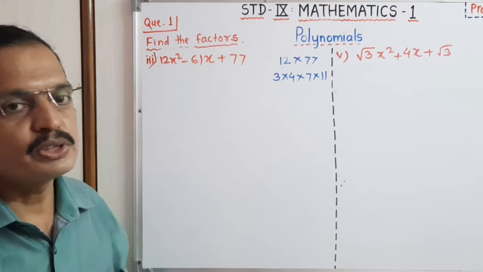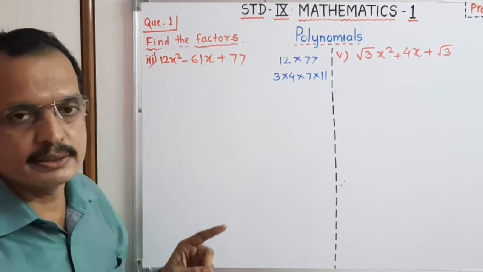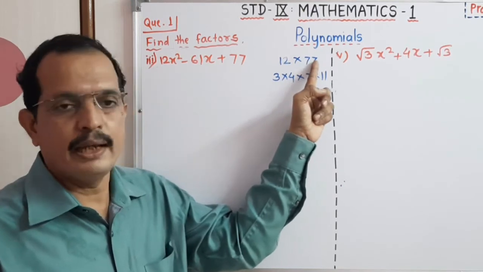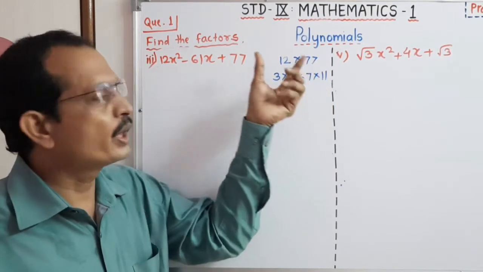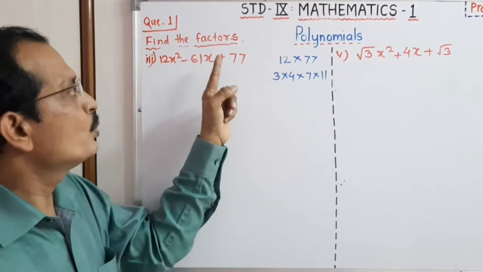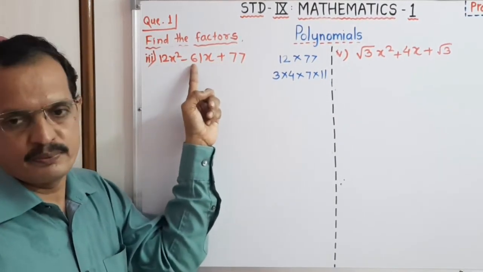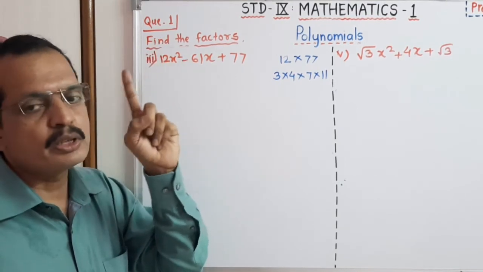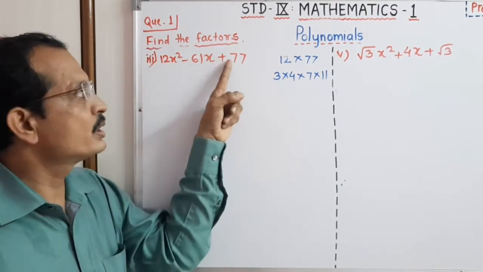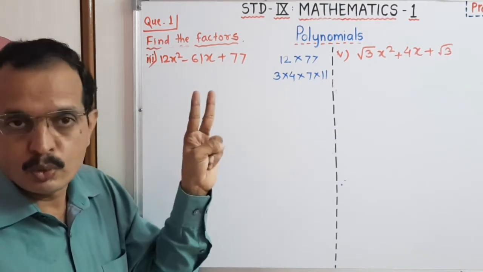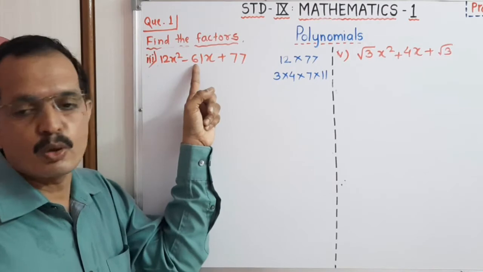Got it? Now see here, we have to factorize the multiplication of this 12 and 77. We got some product and that product we have to factorize whose addition should be 61. In the previous two sums, the constant term was minus, therefore we found the subtraction of those two factors as the coefficient of the middle term.